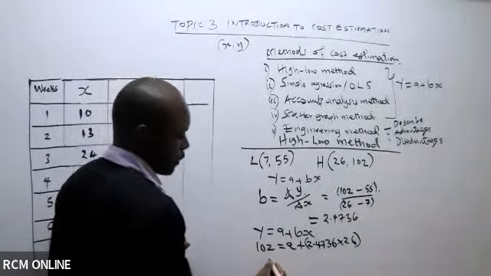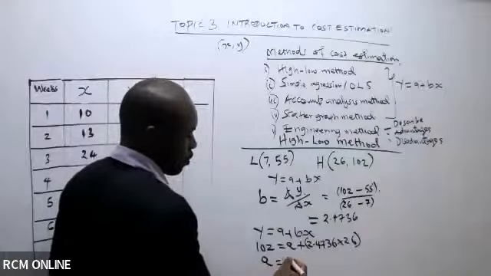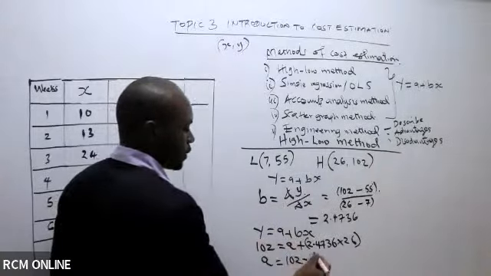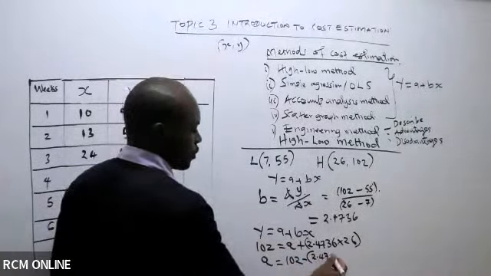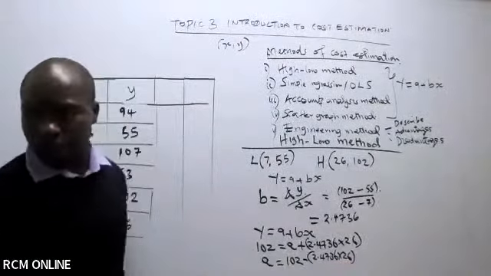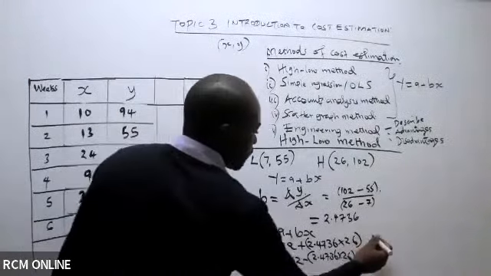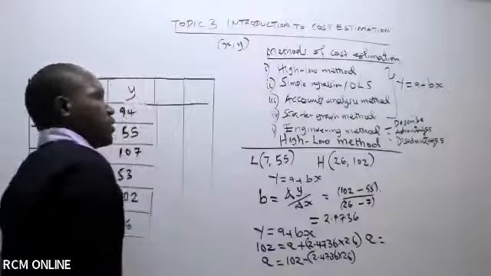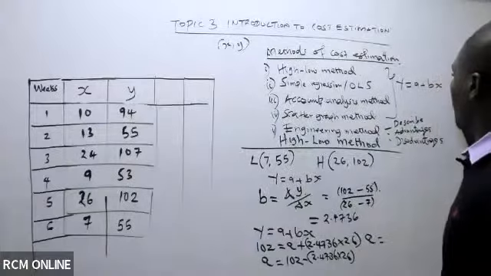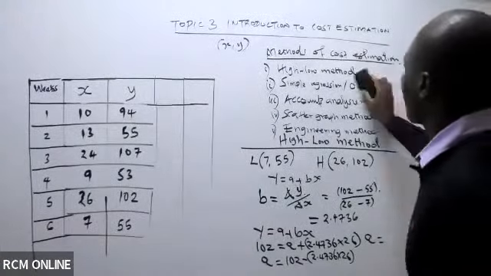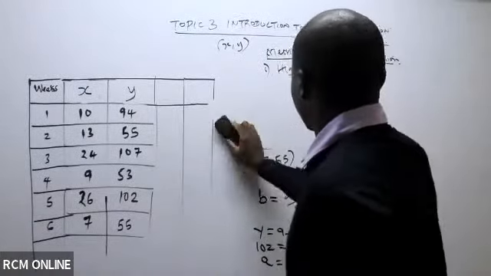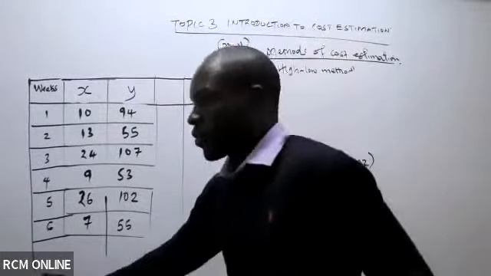So the value of A is equal to 102, and because this will cross the equal sign, it will be a minus 2.4736 times 26. Can someone give us the value of A?